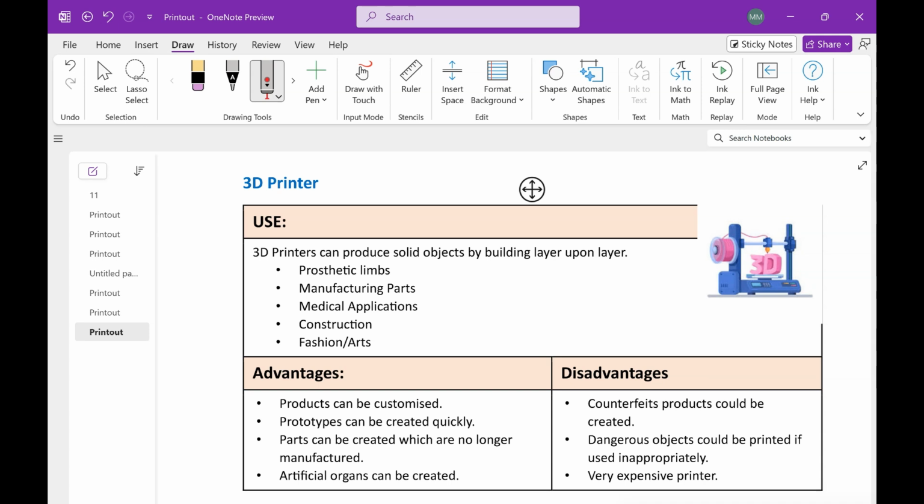So it's used to show you how the product will look. If you like it, we can go and manufacture the expensive one. Are we good? As a sample. So where can this one be used? Prosthetics, limbs. Whenever you go to hospitals, you will find patients that have missing arms or missing legs, and they need an artificial arm.